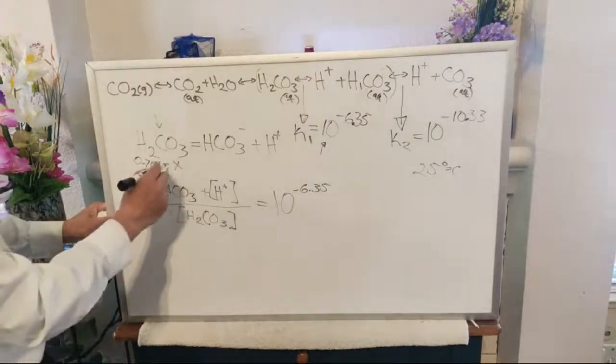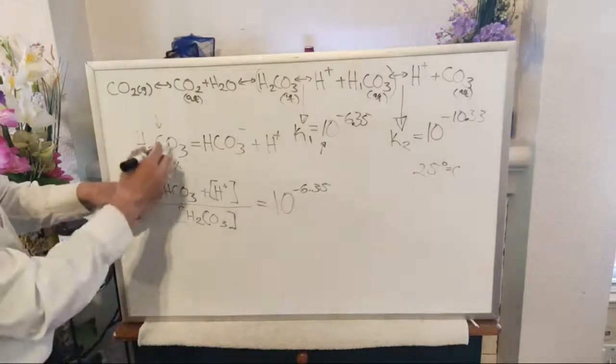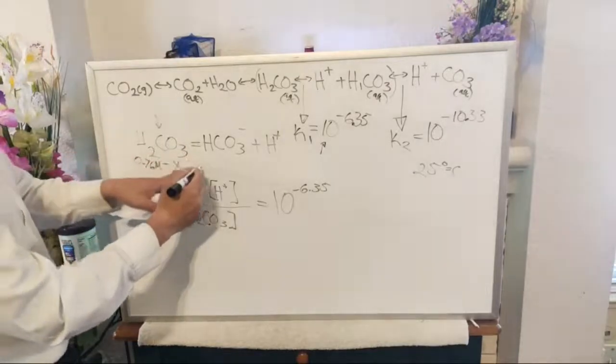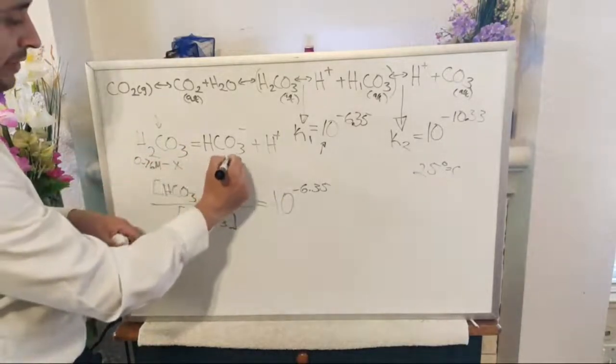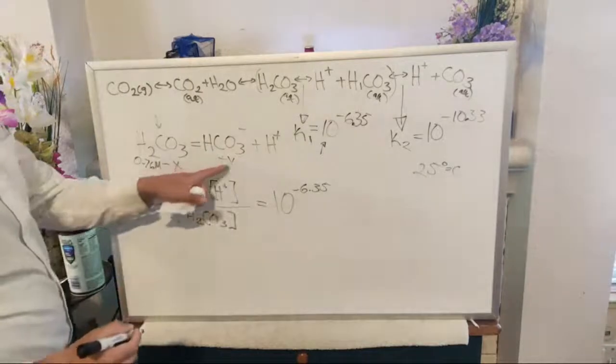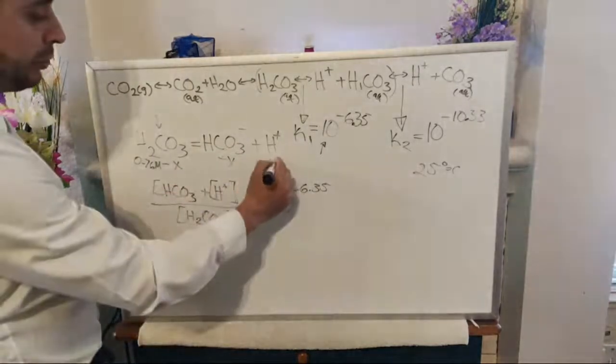Alright, so you're going to add an unknown amount, right? So from being this concentrated, it's going to go this way. So you're going to plus X, because a certain amount is going to go this way. So too with the hydrogens.